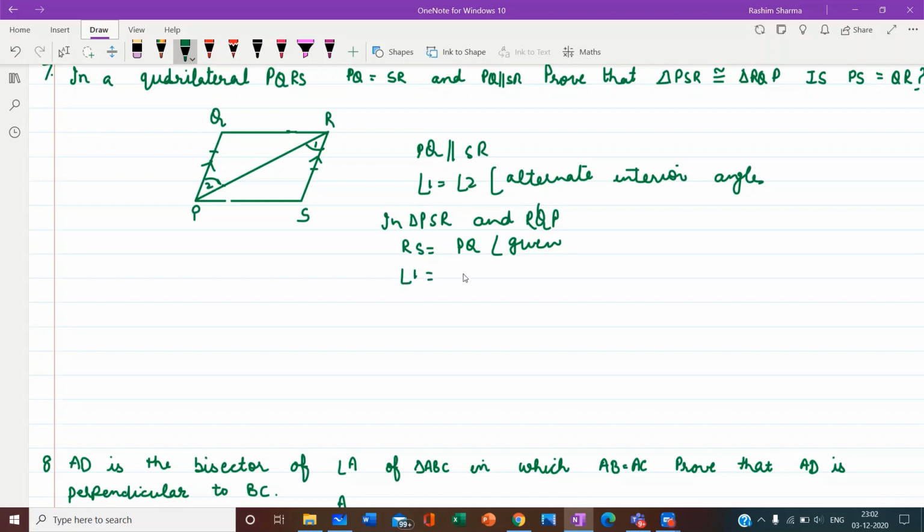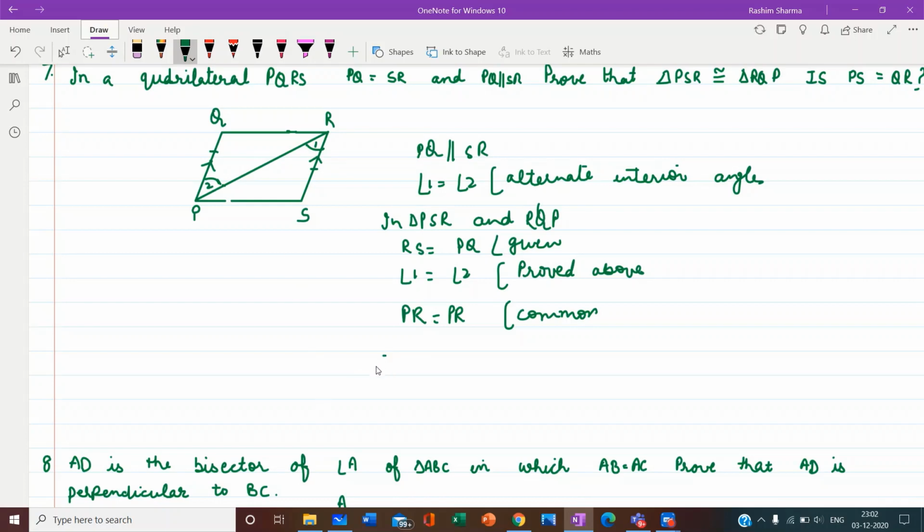Angle 1 is equal to angle 2, that we have proved above. PR is equal to PR. This is common. Angle 1 is included between these sides.